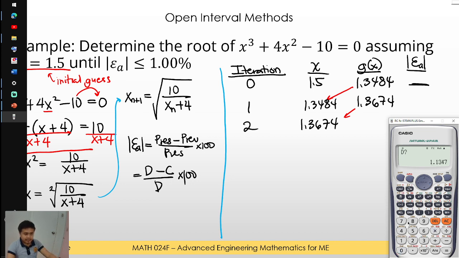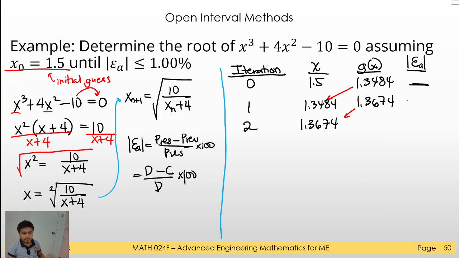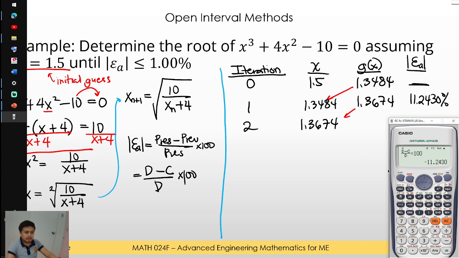So calc, we have 1.3484 and then 1.5. Okay, so the answer is 11.2430%.